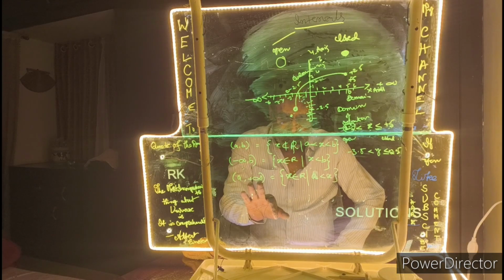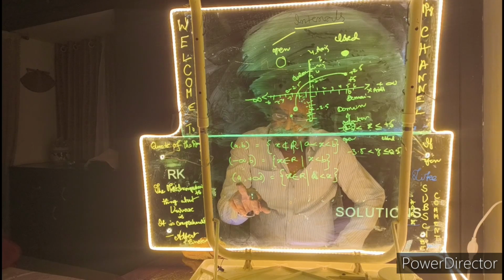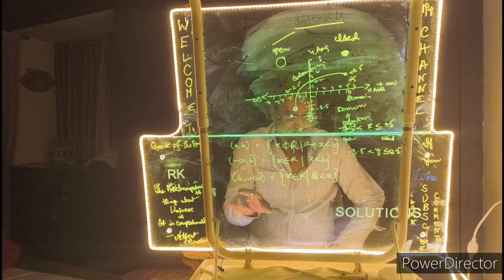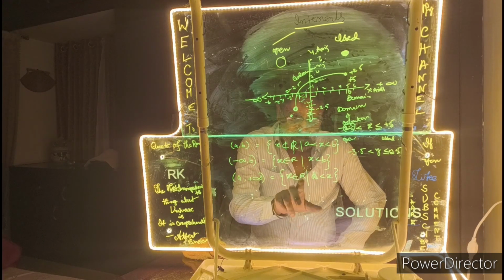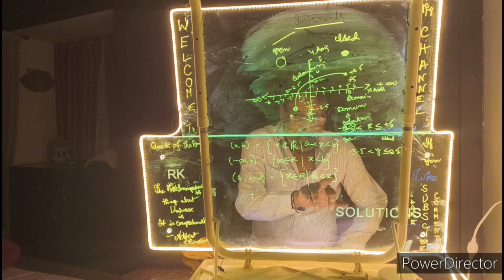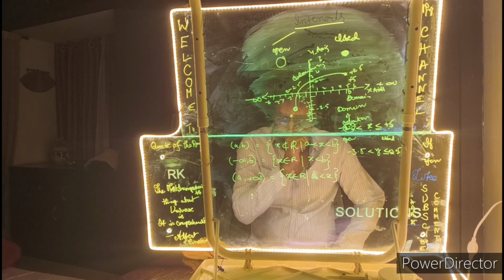A is less than X because X can take values up to plus infinity, and the least it can take is A, but not A itself, or plus infinity itself. So it belongs to the real set such that A is less than x.